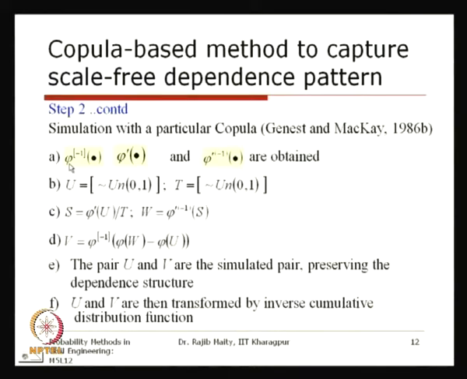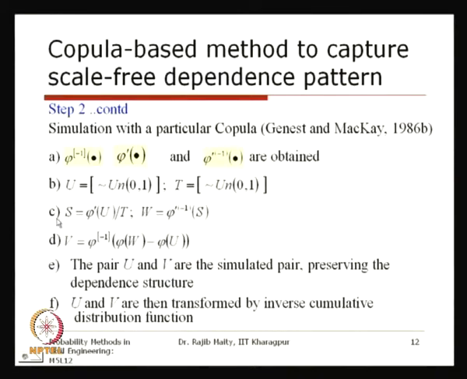First of all, we know the generator, that is phi, and from that phi we have to obtain the pseudo inverse, its first derivative and the inverse of the first derivative, and then we generate two series. One is u, a uniform distribution between 0 and 1, and another one is t, uniform distribution again from 0 to 1. So, this u and t are generated independently, totally independent from each other.